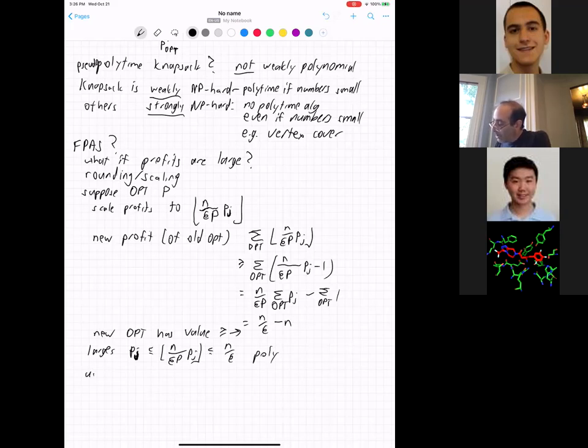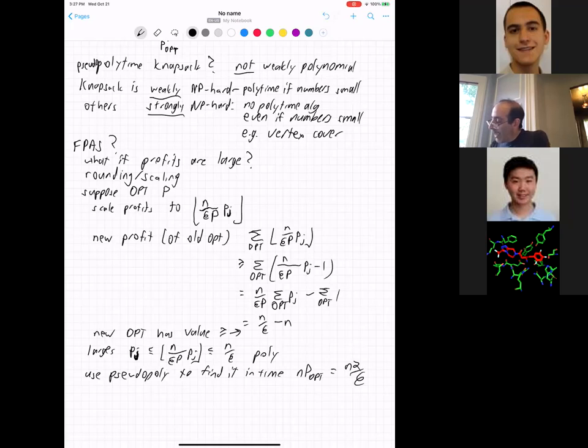So we can use the pseudo polynomial algorithm to find it. Okay. And if you go back to our analysis of the runtime of the pseudo polynomial algorithm, it's n times p opt, which in this case is n squared over epsilon.